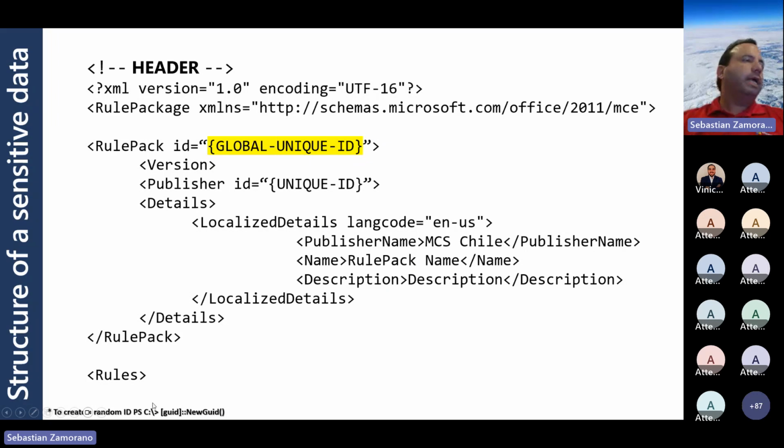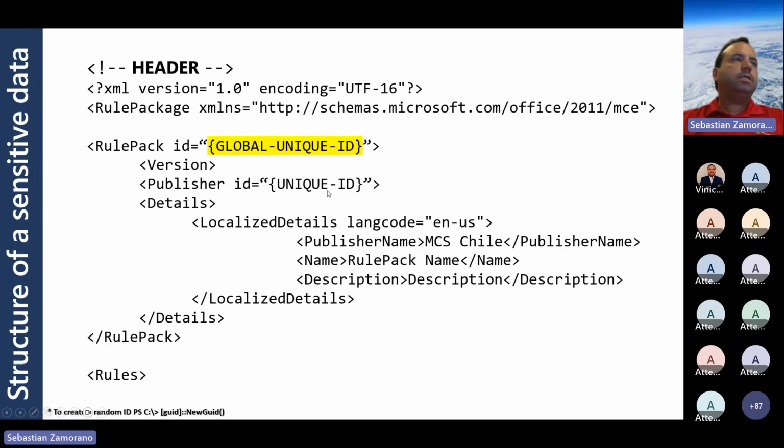If you want to create a random ID, here is the command that we can use to create that one. That one is used for your rule pack. If you make a change in your rule pack, we will maintain the unique ID and we will use the command set. I will show you that on PowerShell as well.